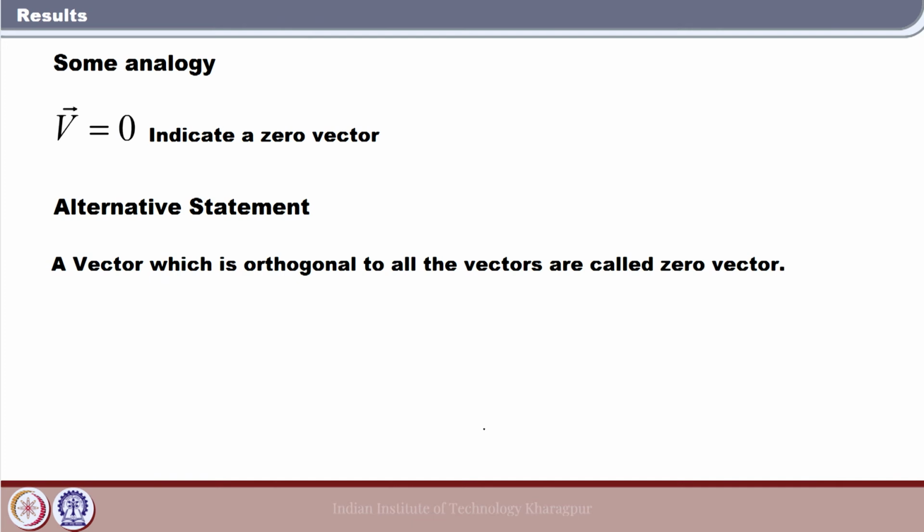Now, let us see some analogy, like how we can see the solutions. Suppose we have a vector v, and that vector v equals 0, okay, fine. Alternatively, let us see how I can define a 0 vector in another way. I can say that suppose G is any vector apart from the 0 vector, any vector in a 3 dimensional space or n dimensional space.